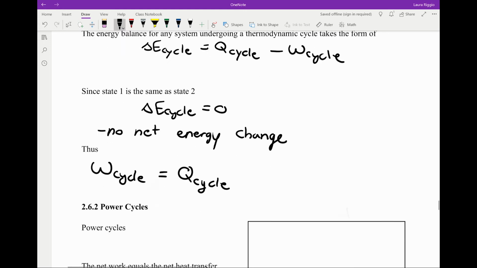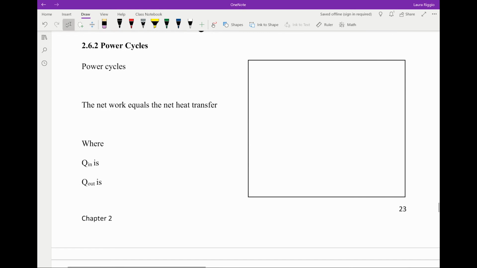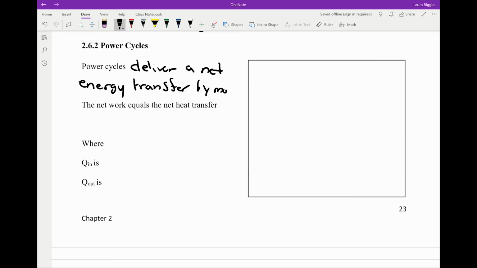So there's 3 different kinds of cycles. The first cycle we're going to look at is a power cycle. Power cycles deliver a net energy transfer by work. They produce work out.